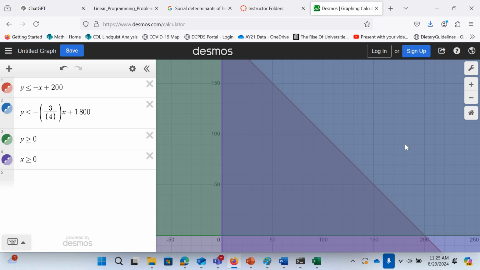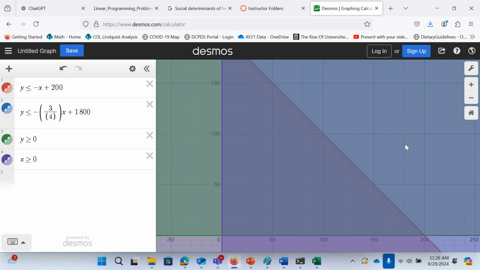So I have 0, 0, that's the minimum. Now if I have 200 for the y value, I get something huge. And then if I put 200 in for the x value, I get something huge.